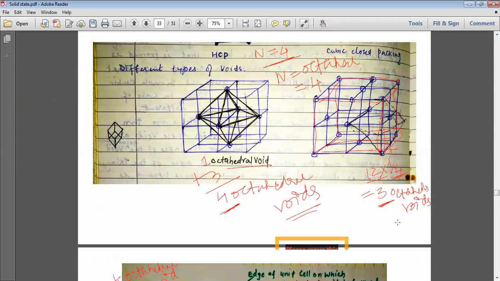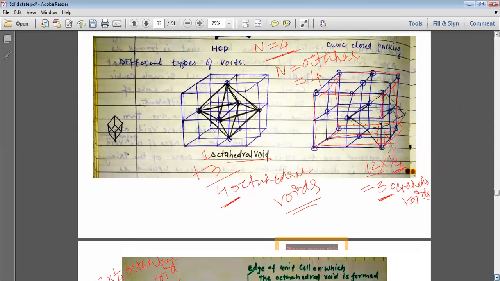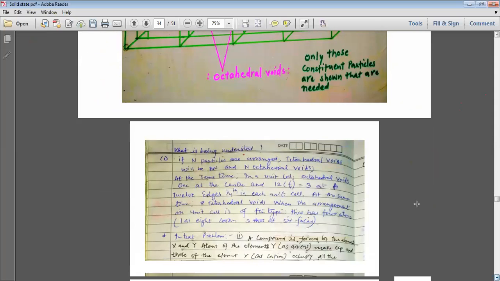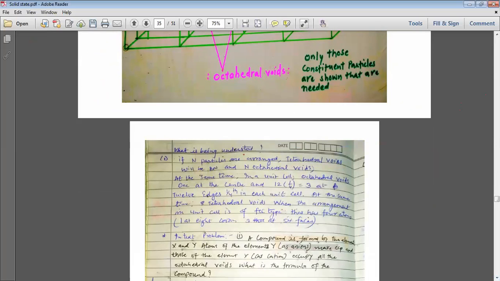And this is how we can easily understand about the voids, my dear students. Voids are of two types. One is known as the octahedral voids.